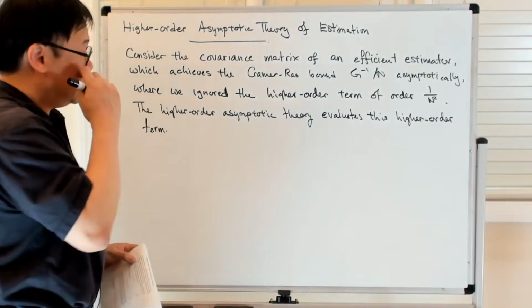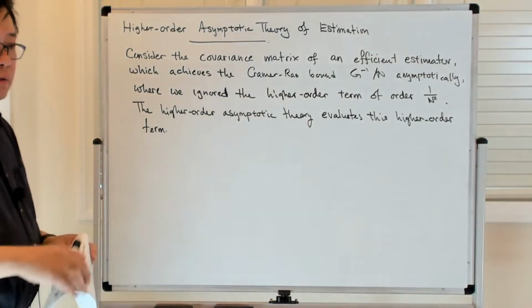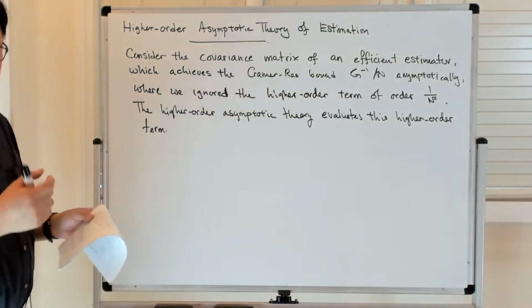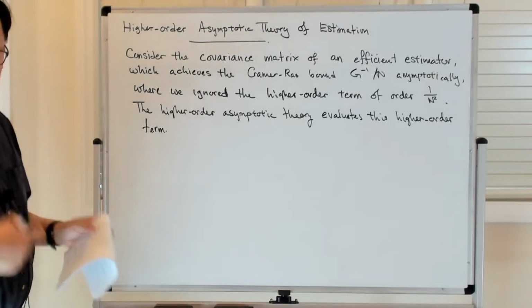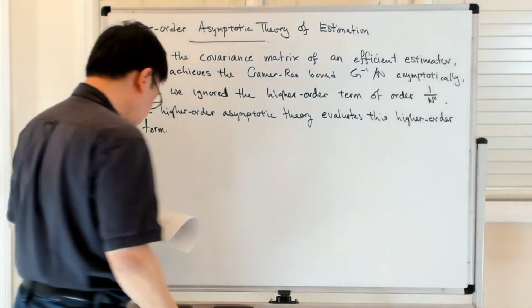And in particular, what you might ask is what the coefficient in front of the higher order term is, right? And under what conditions that coefficient vanishes, right?